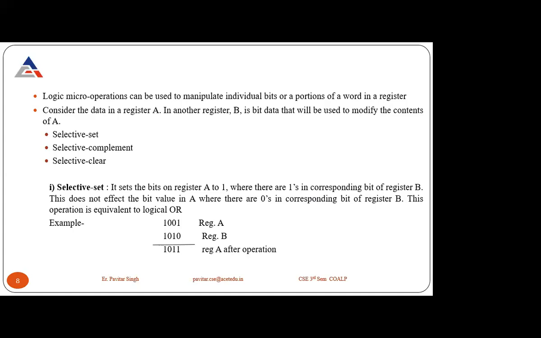So I am writing the example on the blackboard. That is 1 0 0 1 and 1 0 1 0. So this is your register A and this is your register B. You just need to look at register B and set the corresponding value of register A, and write your answer here.